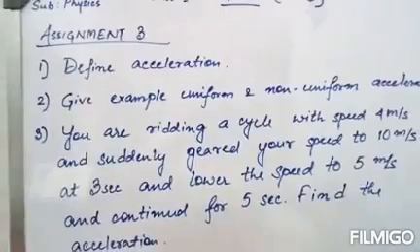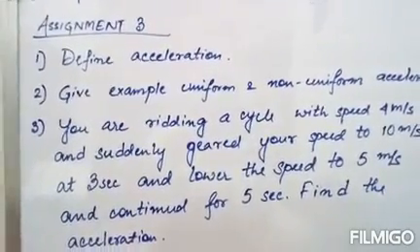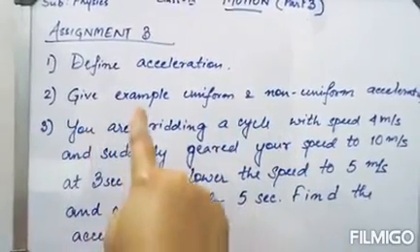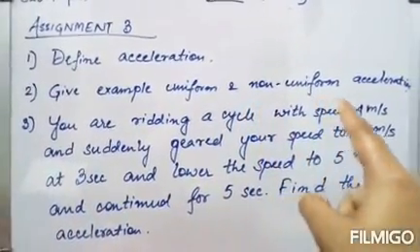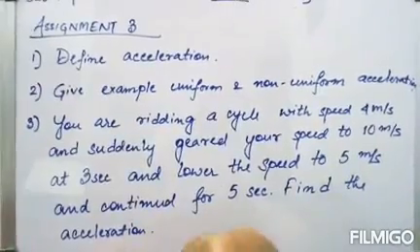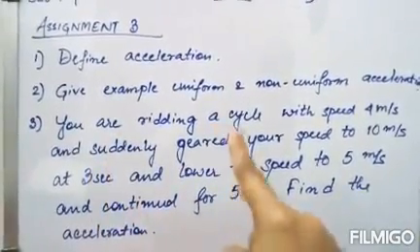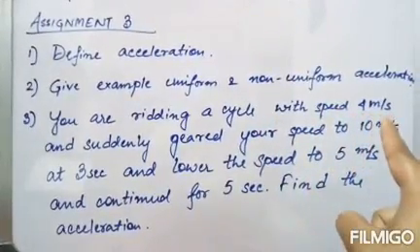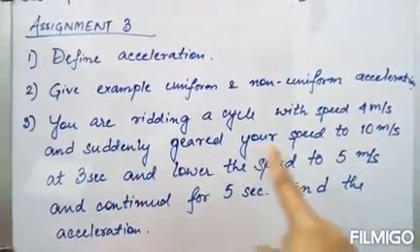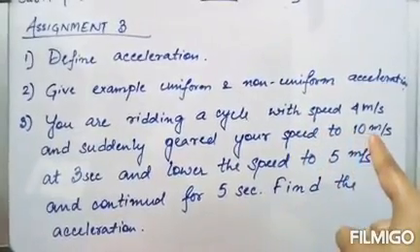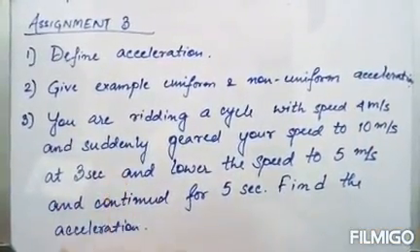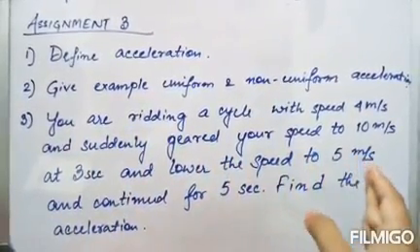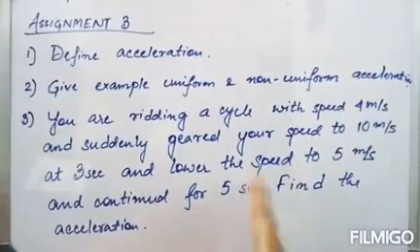So that's all for today's lecture video. At the end of the video, I have 3 questions for you. First is define acceleration. Second is give an example of uniform and non-uniform acceleration. Third is a sum: you are riding a cycle with a speed of 4 meter per second, and suddenly you geared up your speed to 10 meter per second for 3 seconds. Then you lowered the speed to 5 meter per second and continued for 5 seconds.